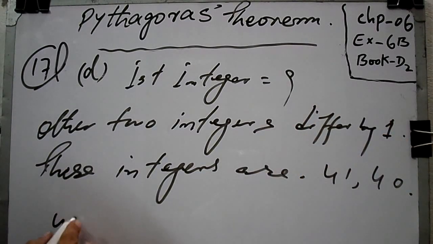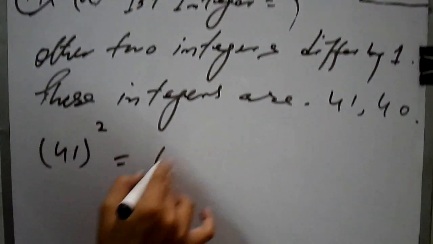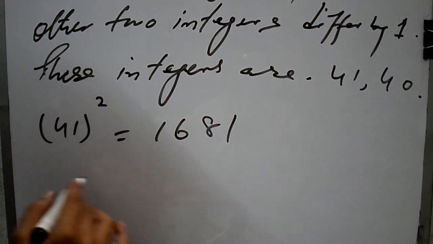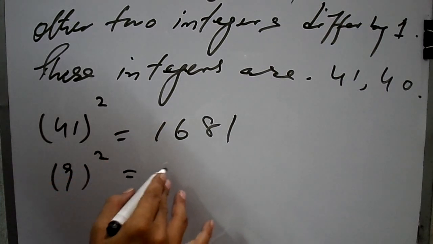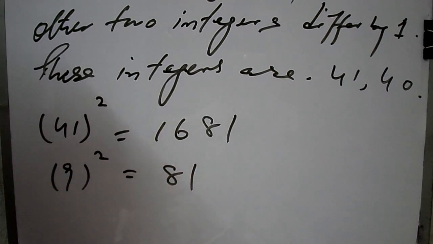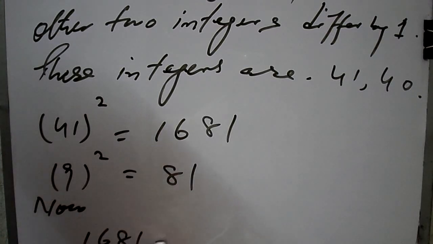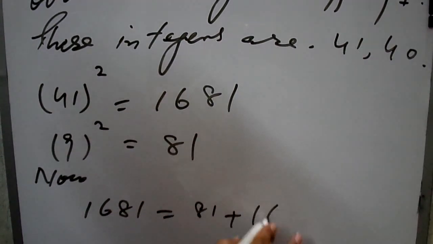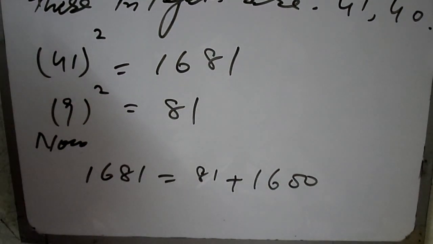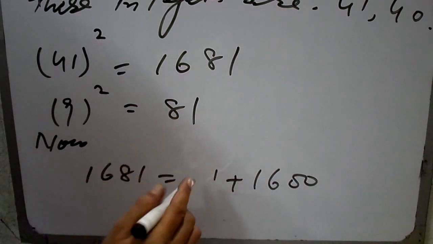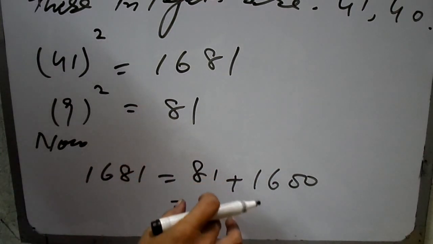So if you take the square of 41 you will get 1681, and the square of 9 is 81. So now you can say that 1681 is equal to 81 plus 1600, which makes a Pythagorean triple.